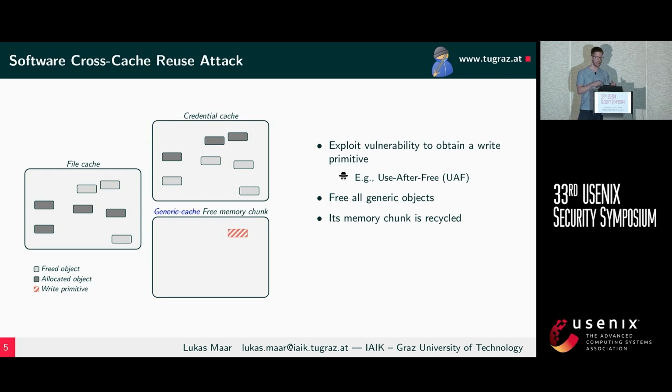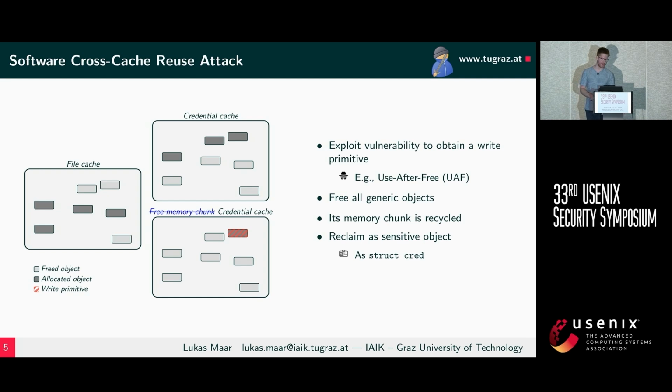Hence, the kernel recycles the entire memory chunk. In the next step, the attacker reclaims this memory chunk for sensitive objects, in our case, credential structs. And lastly, the attacker triggers the write primitive to now, instead of overwriting the generic object, overwrite sensitive data.